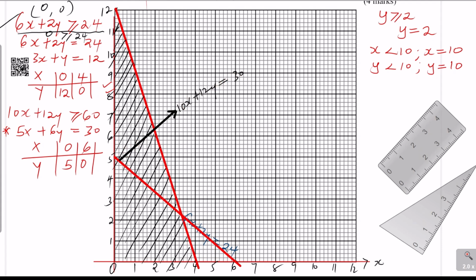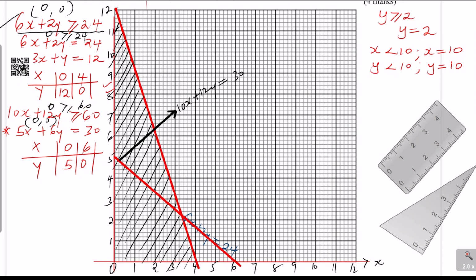Now again, which side do we shade? I will still pick the point 0, 0 on this side, and substitute it in the inequality 10x plus 12y is greater than or equal to 60. This gives 10 times 0 plus 12 times 0, that will be 0 is greater than or equal to 60.